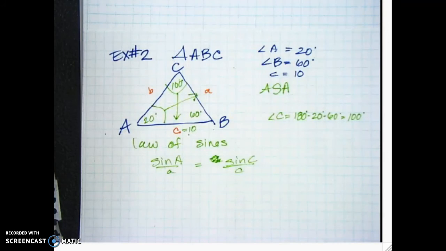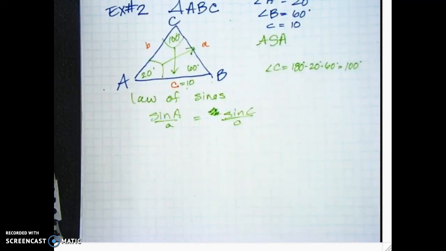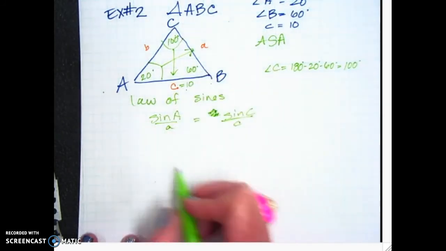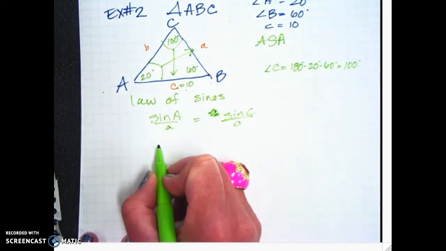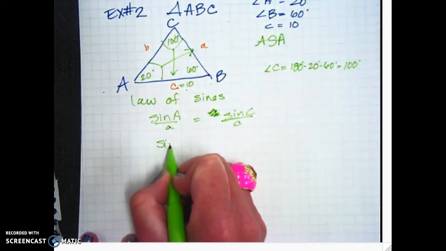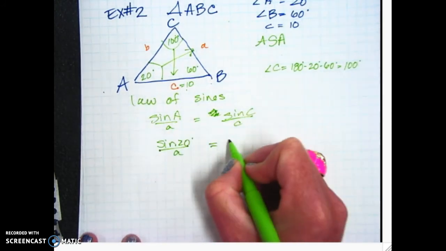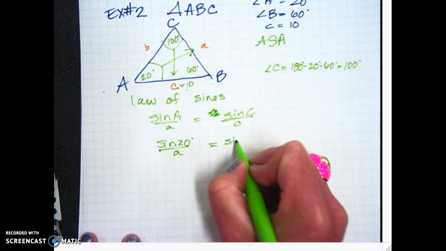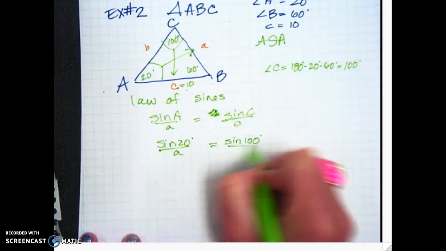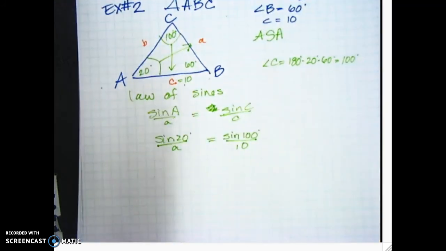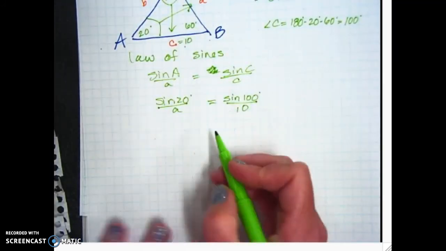All right, so let's plug in our numbers and get our missing side here. Okay, so we've got sine of 20 over A, that's the one we're looking for, equals sine of 100 over the opposite, which is 10. There's our proportion. We can do our cross product.